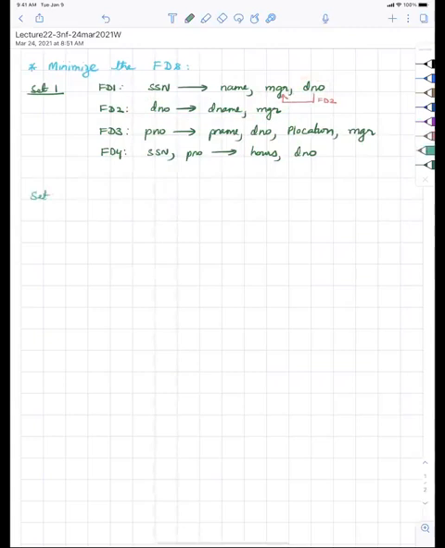So set2 would be: remove that D number determines manager, because it's there right in FD2. And then if you look again at this next one, you have the same thing, D number going to manager, so remove that.